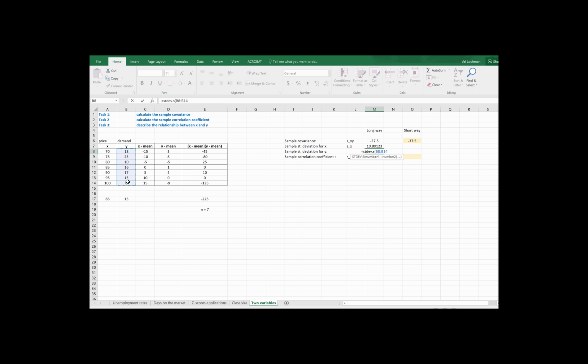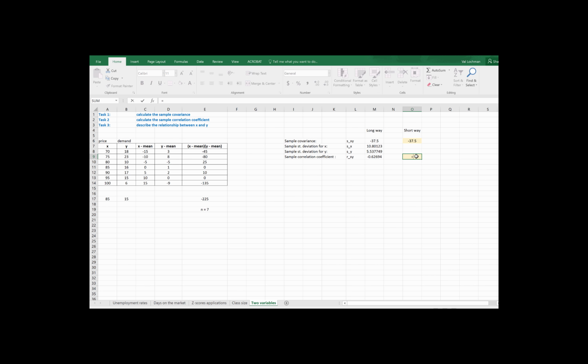We get these numbers. And then the sample correlation coefficient is computed by taking the sample covariance and dividing it by the product of these two. Okay, so we get negative 0.6269.